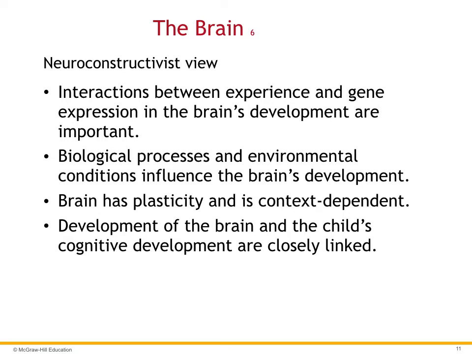Our brains are always growing, and we even talked in the last chapter about this idea of plasticity. And then, of course, development of the brain and a child's cognitive development are closely linked. The interactions that they have will help build a child's cognition.